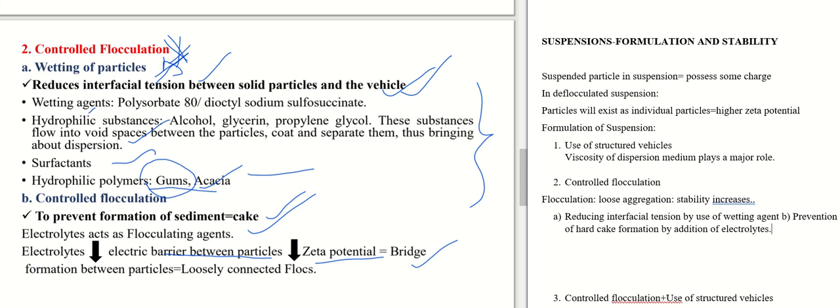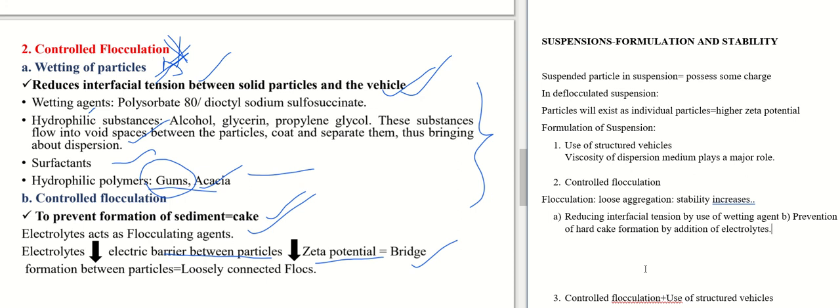We have considered the electrical double layer concept here, and we have added electrolytes having opposite charge to that of the drop particle, so that more attractive forces exist than repulsive forces, and that is how controlled flocculation is seen.